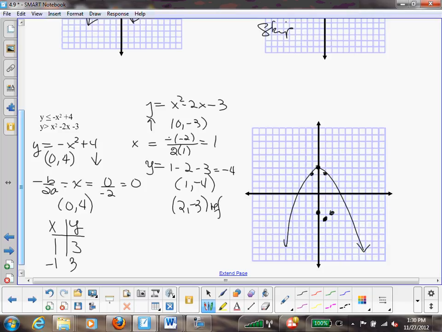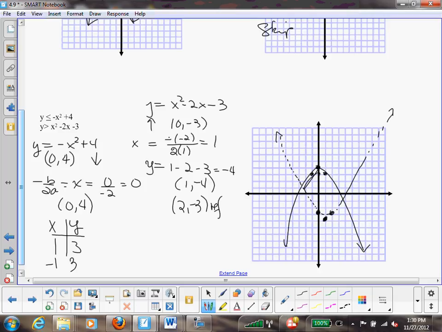And then is this solid or dotted according to the original inequality? It is dotted. You've got to show me that these two parabolas intersect. And where is the shading for the second one? Up. So we're down or in and up or in.